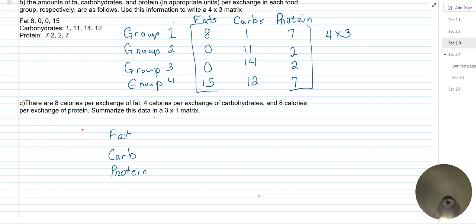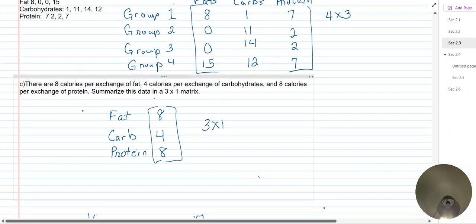Okay, so now that I have these listings, I'm going to do the values they said. Fat exchanges are 8 for fat, 4 for carbs, and 8 for proteins. So this is a 3 by 1.